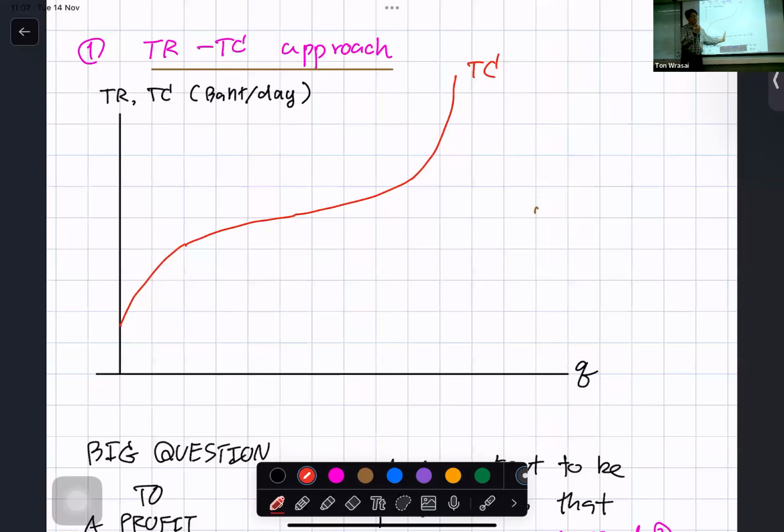Produce more cookies, and total cost increases at a diminishing rate first, and then increases at an increasing rate. That's the pattern of this. Okay, TC. Okay, total revenue. No production, no revenue, so it must start from the origin.